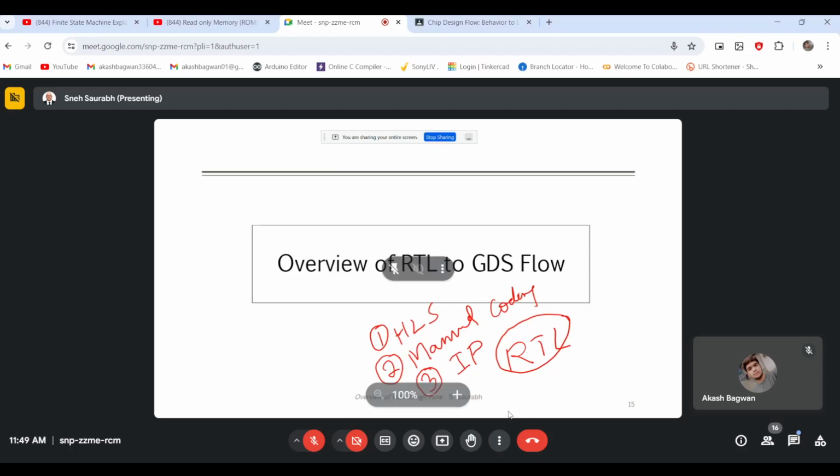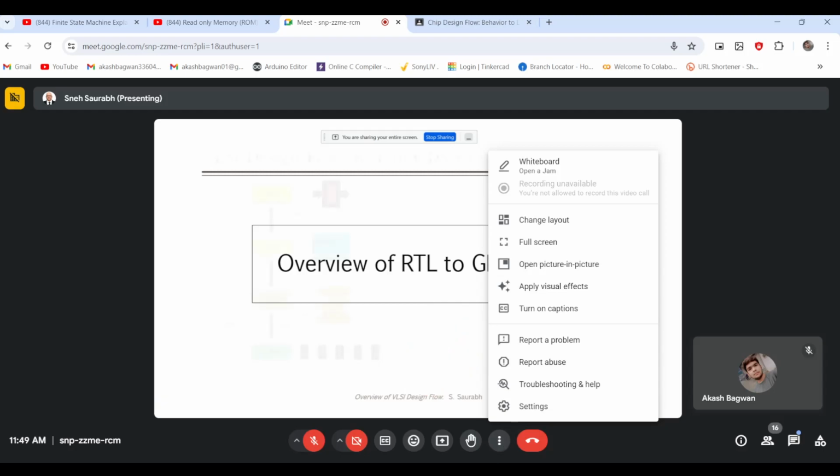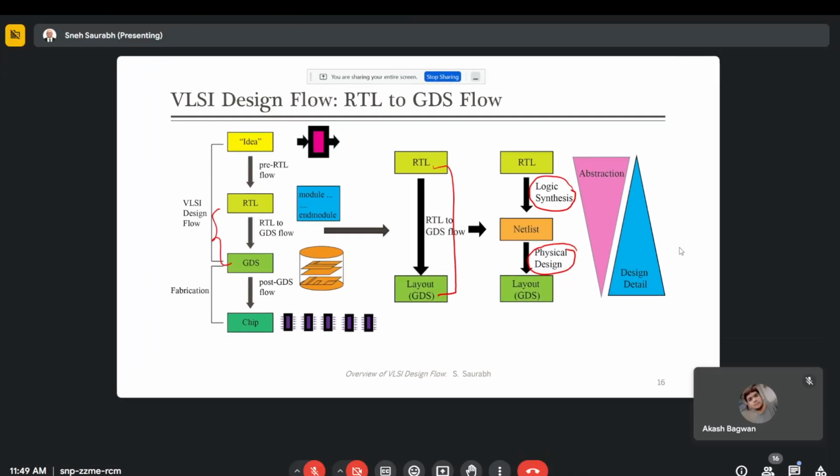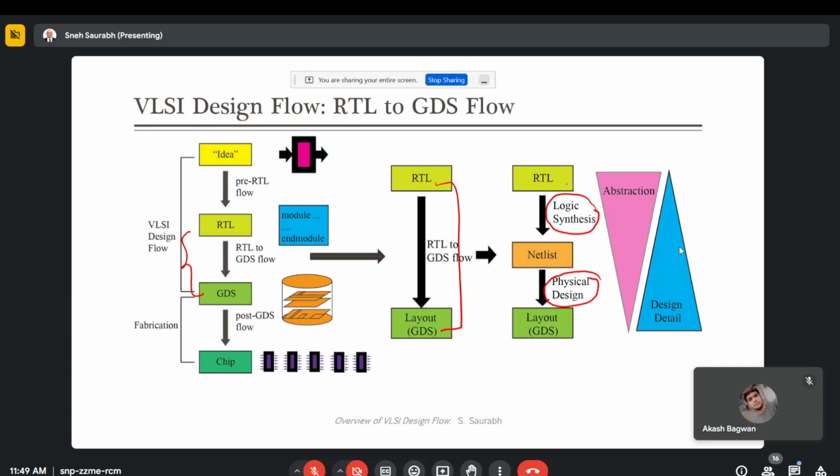So now let us understand what happens in the RTL to GDS flow. In the RTL to GDS flow, typically we divide it into two parts. The first part is logic synthesis, and the second part is physical design. The logic synthesis takes the RTL and converts it into a netlist.